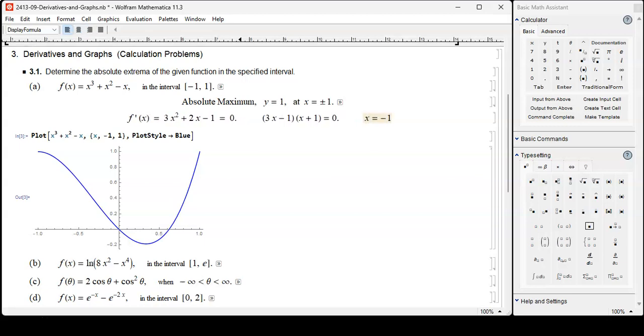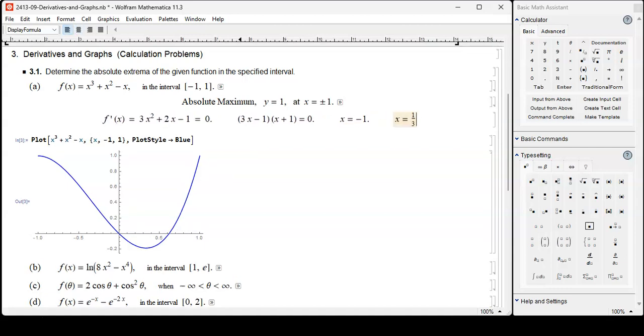So we get x equal to -1, which is actually this point, and that too is actually a horizontal tangent. If I extend this graph, x equals 1/3, okay, and that's what I'm looking for.